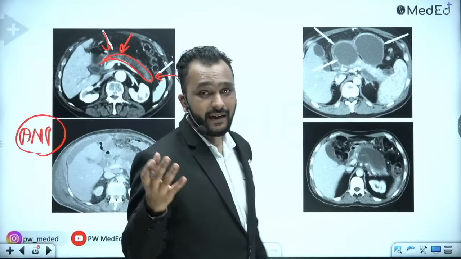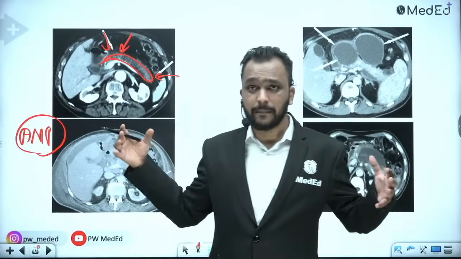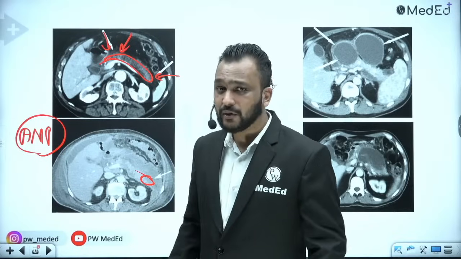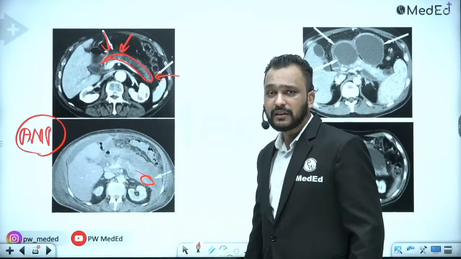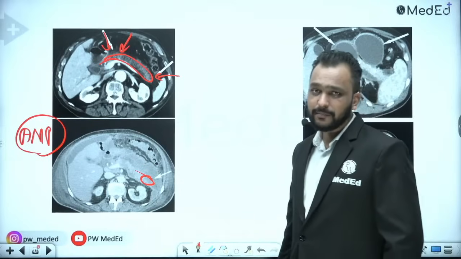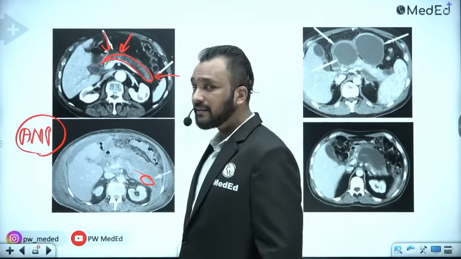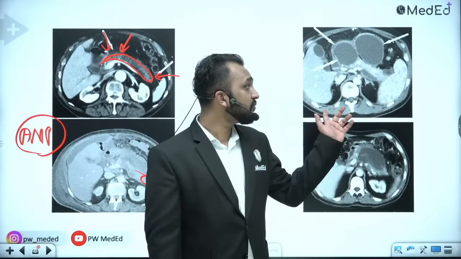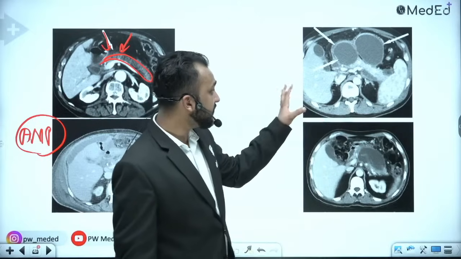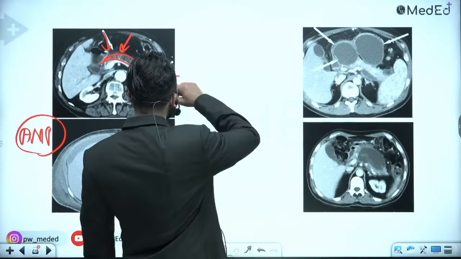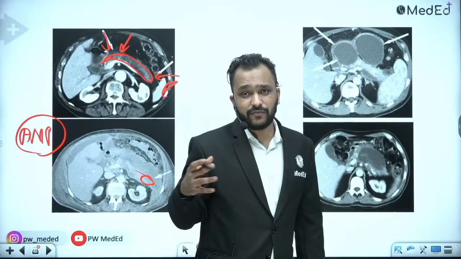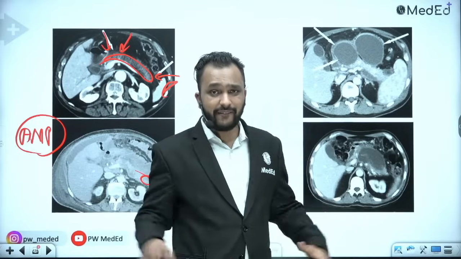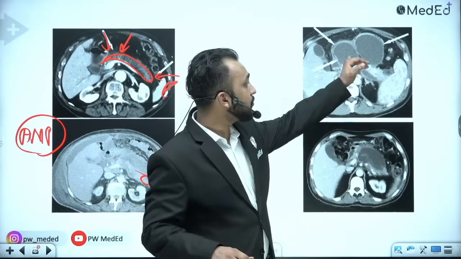Non-enhancing areas mean that part of the pancreas has become necrosed. That is why it is not showing any enhancement. And this is seen in patients with acute necrotizing pancreatitis. And after 4 weeks, if there is some peripancreatic fluid collection, these collections will have a wall around them and will form a pseudocyst.